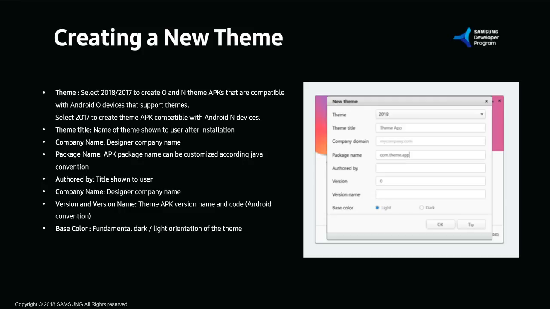If you want to create for 2017, which is Android N, any device that has Android Nougat installed, that end user has access to your theme. Again, basic information: you can fill out the title of your theme, add information about your company, and the version of your theme design.